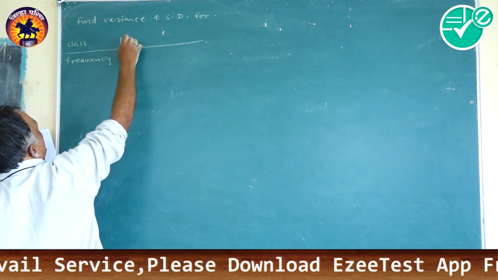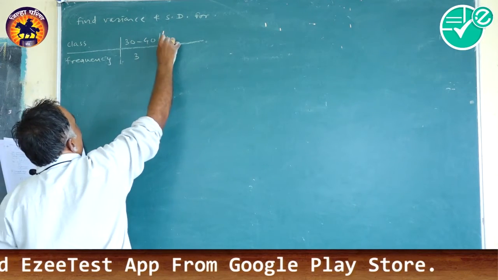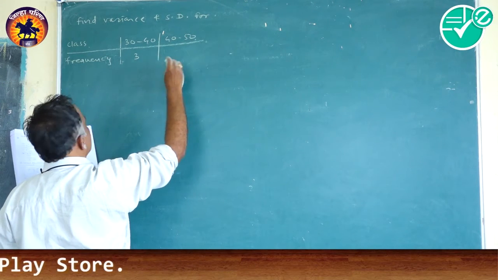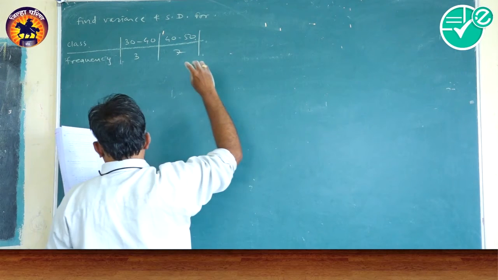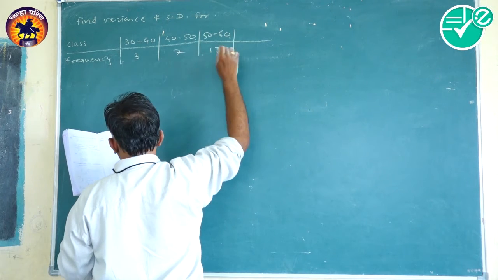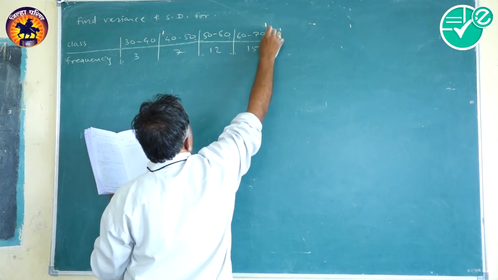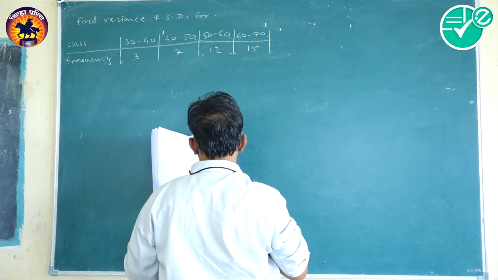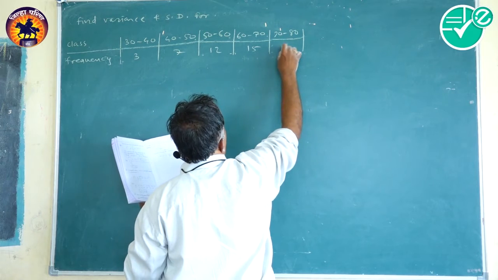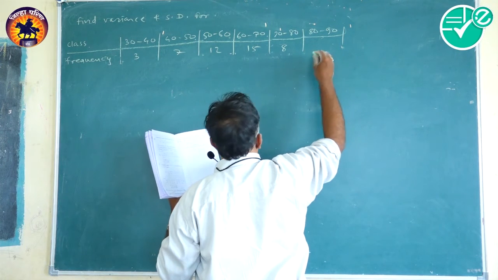The first class is 30 to 40 and its frequency is 3. The next one is 40 to 50 and the frequency is 7. 50 to 60, the frequency is 12. 60 to 70, frequency is 15. 70 to 80, frequency is 8. 80 to 90, frequency is 3.